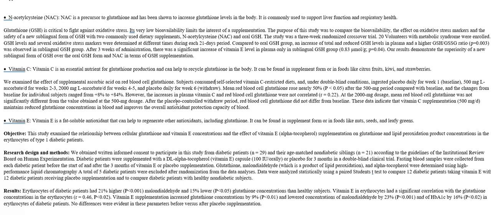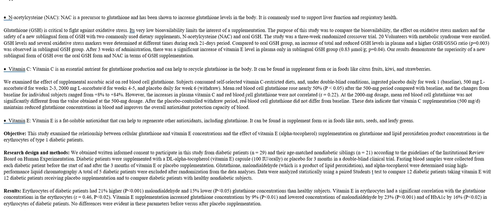Vitamin C is an essential nutrient for glutathione production and can help recycle glutathione in the body. It can be found in supplement form and in foods like citrus fruits, kiwi, and strawberries. We examine the effect of supplemental ascorbic acid on red blood cell glutathione.